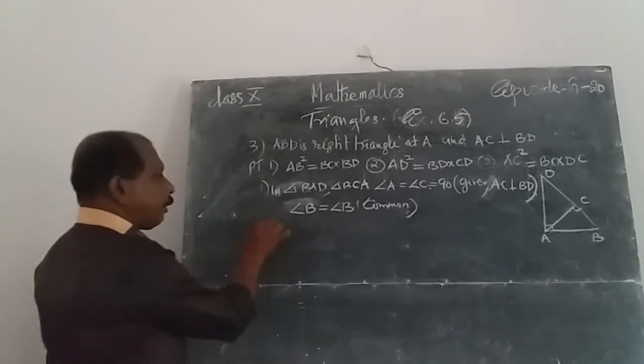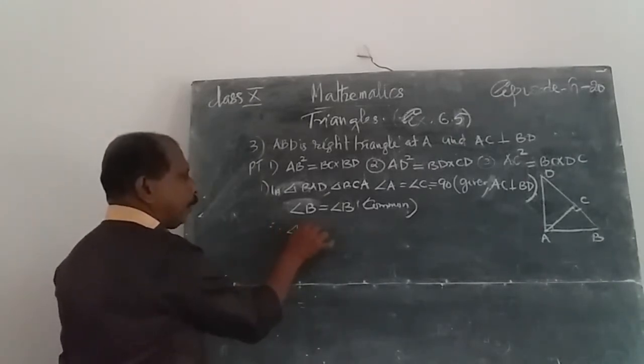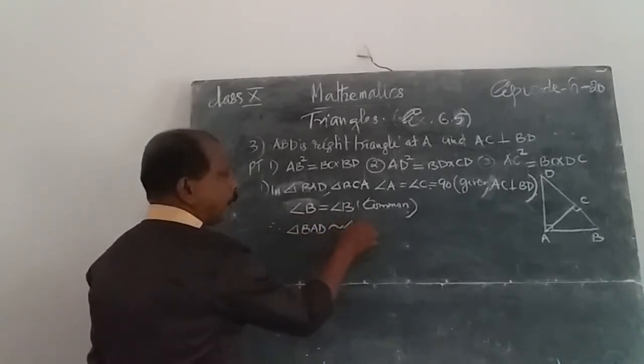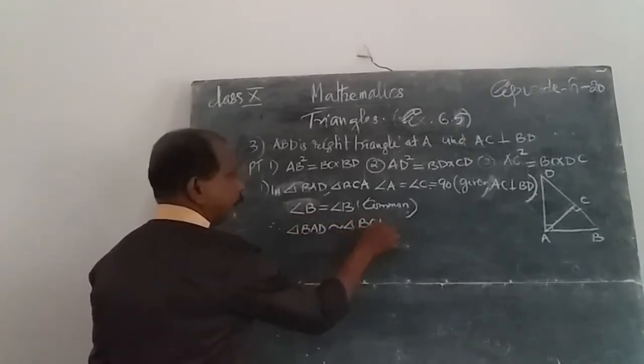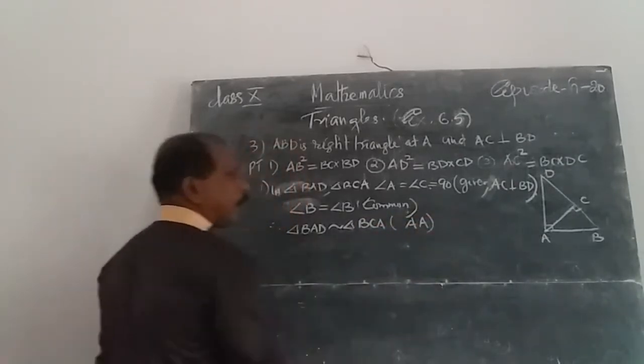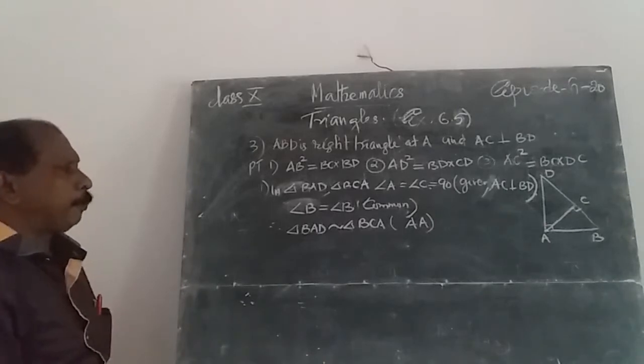Therefore, triangle BAD is similar to triangle BCA by the angle criterion. Therefore, the sides are proportional.